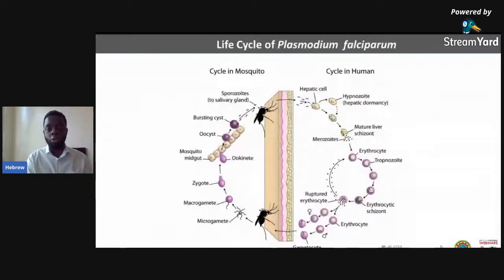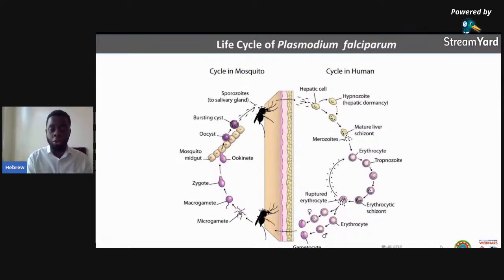When a mosquito takes a blood meal, it takes the sporozoites into the blood, and these sporozoites later move into the blood system, and majorly occupy the hepatocytes, which are the cells in the liver. They also differentiate further to form merozoites. The merozoites, once they enter the liver, invade the red blood cells and infect these red blood cells.